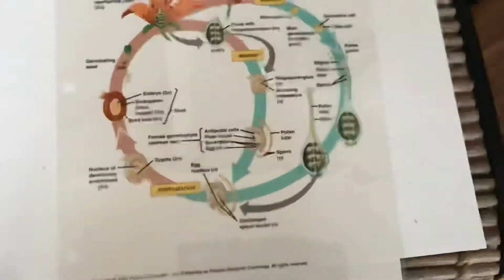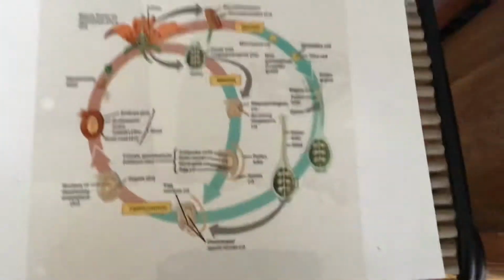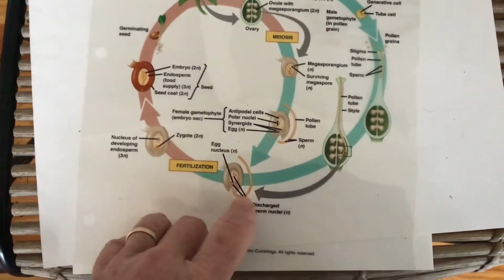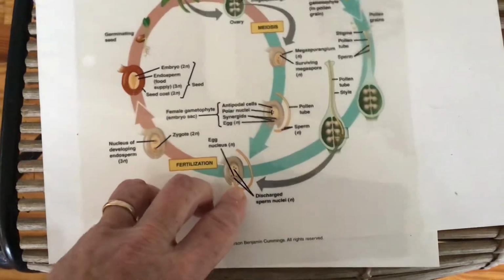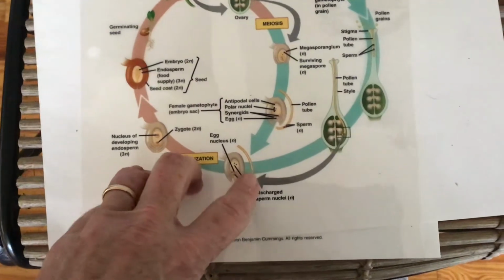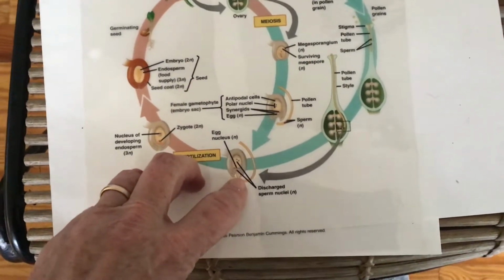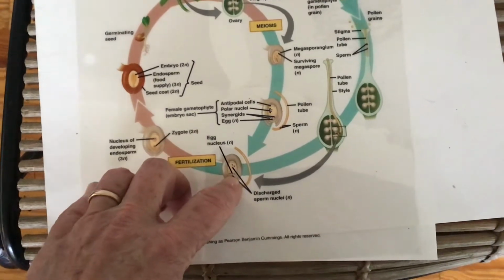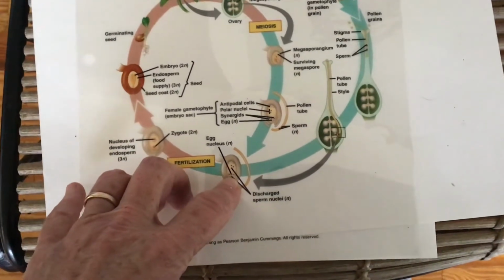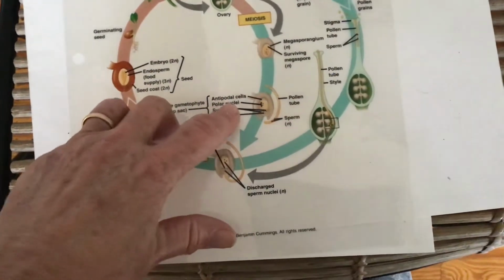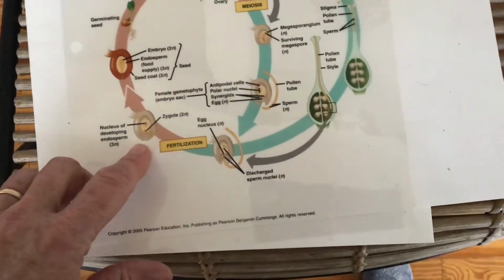All right. So what will happen then is as the pollen grain grows, so this is the pollen tube, it's going to distribute the 2 sperm cells through the micropyle, which is through this little part, into this section, one of which will fertilize the egg, and it becomes a zygote, and the other one fertilizes the 2 polar nuclei, and that becomes the endosperm.